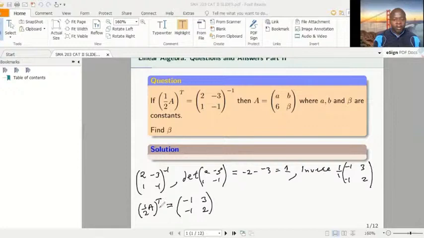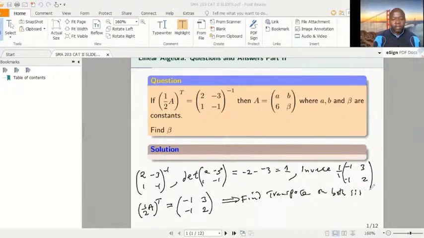Now, how do we find A? This is a half of A transpose. So when we find the transpose on both sides, what do we get?